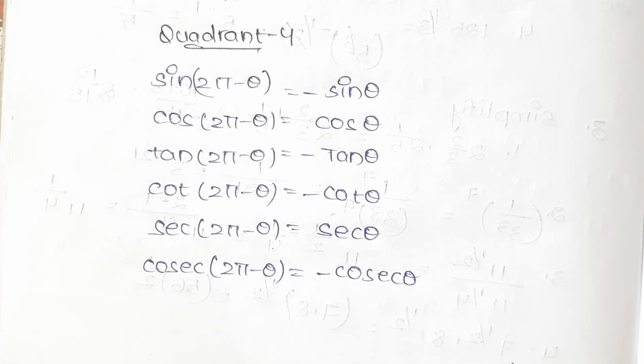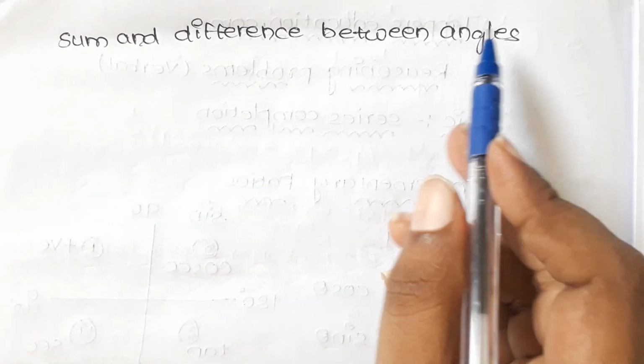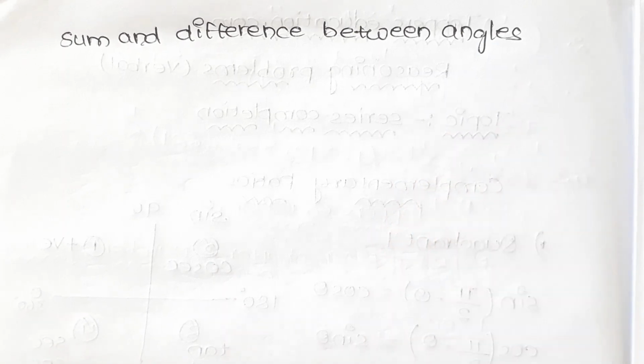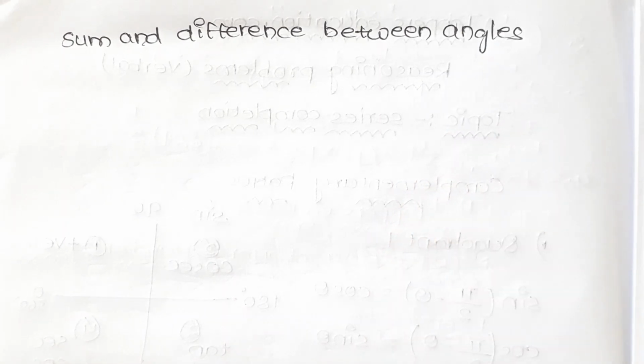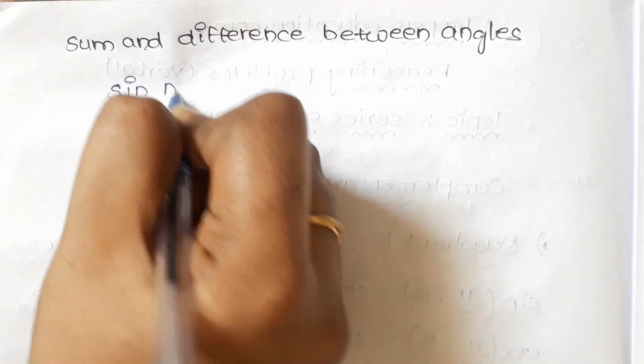And now let us see the sum and difference of angles. Here are the formulas for the sum and difference of angles. In a right angle triangle we have three angles, and for the angles let us see the sum and difference, that is sin(a plus b).